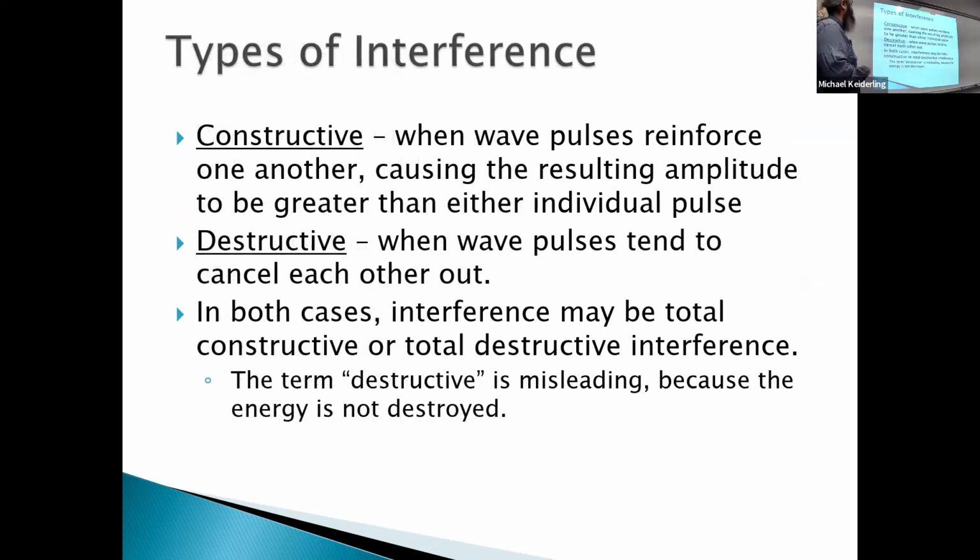And if you have constructive interference, that's when waves are lined up and they reinforce each other, causing the resulting amplitude to be bigger than each individual pulse. And destructive is when wave pulses tend to cancel each other out. And in both cases, interference can be total constructive or total destructive interference. And this word destructive is misleading because the energy isn't destroyed.